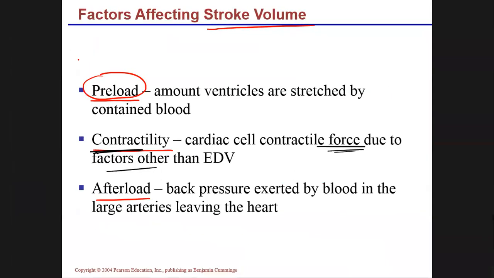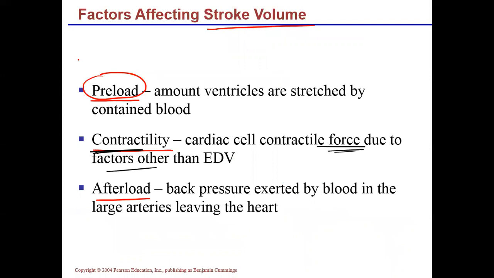We are left with the last part, which is the afterload. And again, think about when you are actually contracting the muscles, and the blood is leaving, right? The afterload can be tricky, and I'm going to try to help you understand this part.